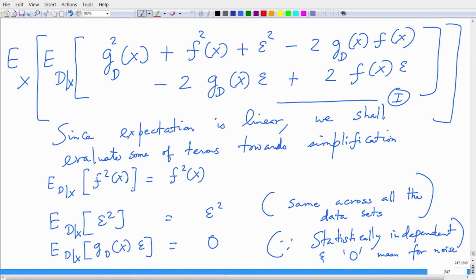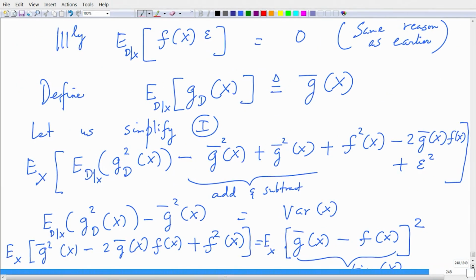Now the expectation over D given x of g_D of x times epsilon is 0 because noise is statistically independent of this function g_D, and it is 0 mean. So therefore you take the product of these two expectations, it is 0. Then similarly the expectation of f of x times epsilon over D given x is 0, the same reasoning as we did earlier.